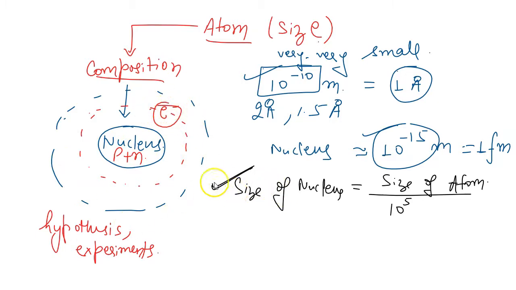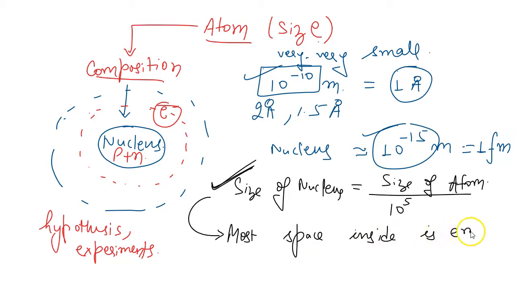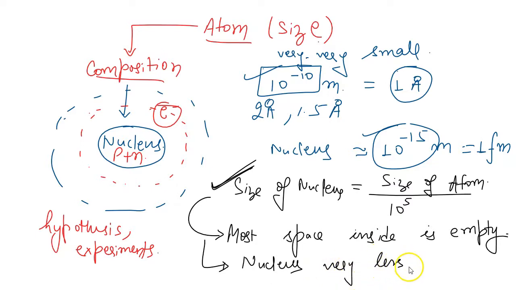So this confirms to us that most of the space inside the atom is empty. Why is it empty? Because the nucleus has very less size as compared to the complete atom.